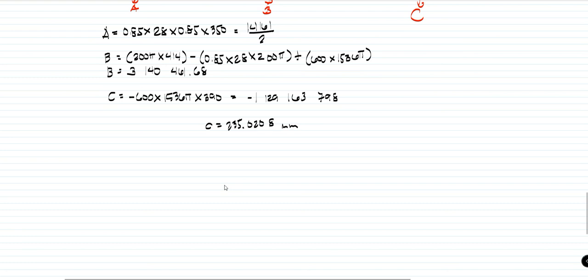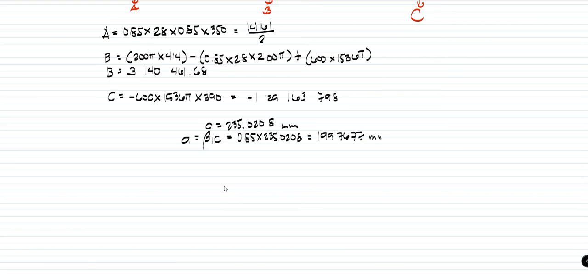From this value, we could get the depth of compression block A, which is equivalent to beta 1 of C. So that is 0.85 or 85% of C, which is 235.0208. And the value of A from this one will be 199.7677 mm.